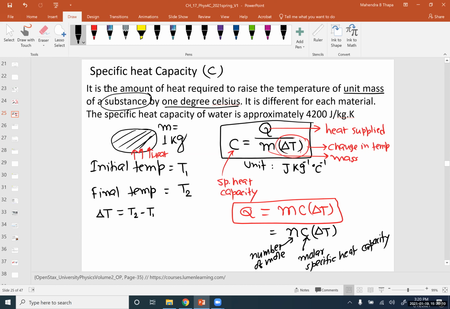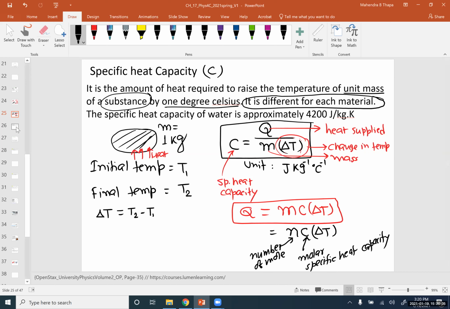One important concept: this is different for different materials. It is different for each material. It will not be the same. Copper has a different specific heat, iron has a different specific heat, water has a different specific heat.